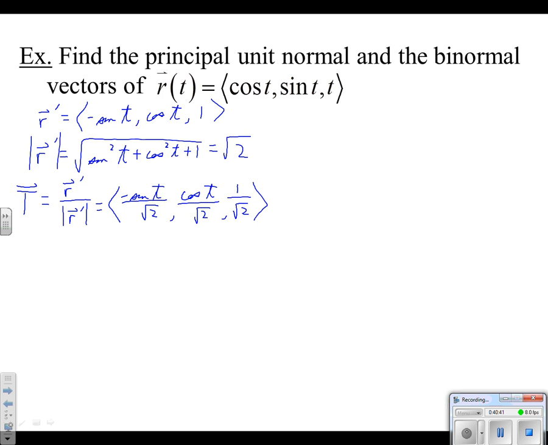So now to find the principal unit normal vector, we need T prime. So T prime would be negative cosine t over radical 2, negative sine t over radical 2, 0. We need the magnitude of that.